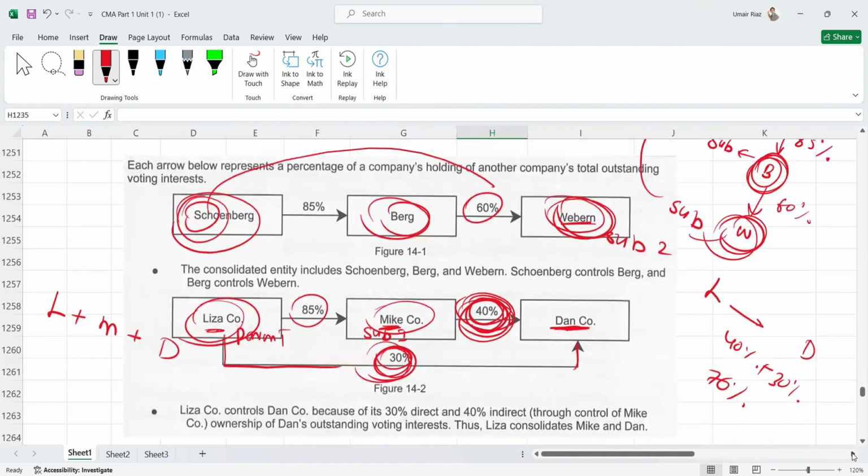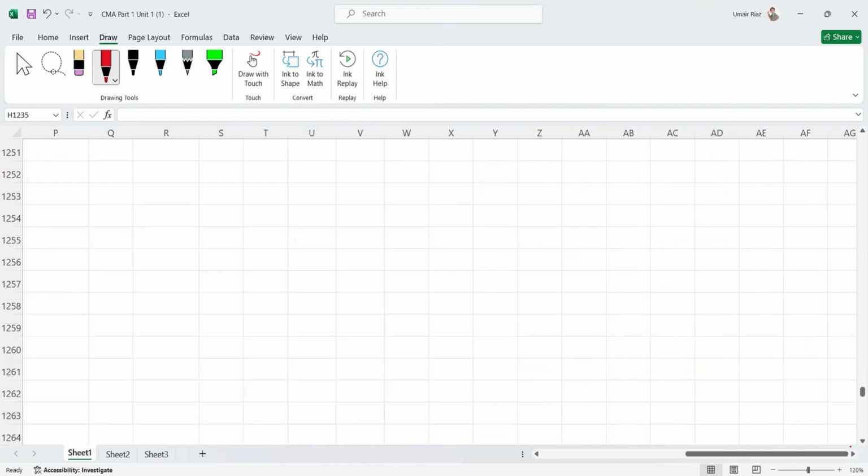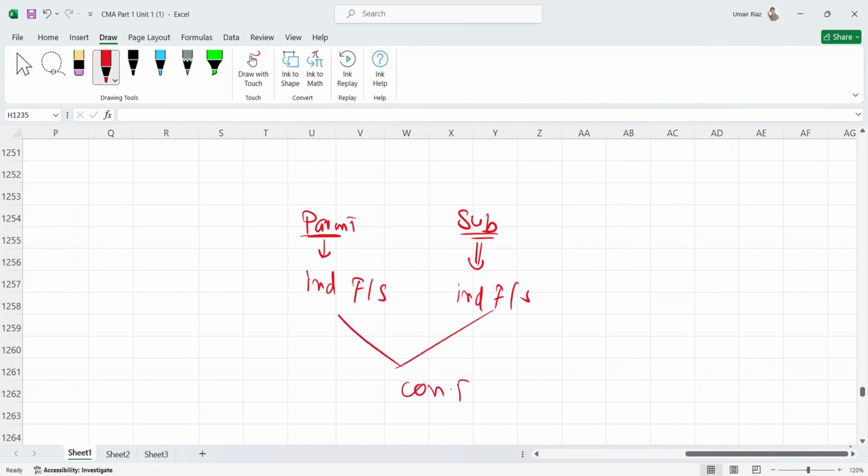Now, guys, please remember, let's assume we have one parent company and one subsidiary company. Usually at the end of the year, the parent will prepare its own individual financial statements, and the subsidiary will prepare its own individual financial statements, and then the parent company is required to prepare the consolidated financial statements also.